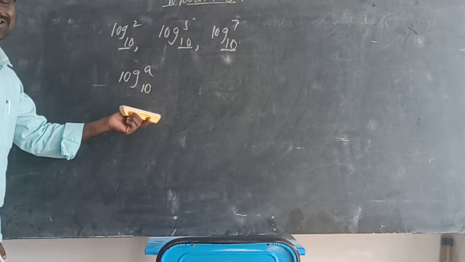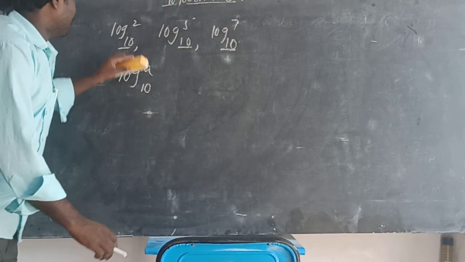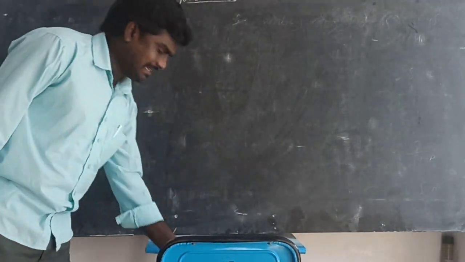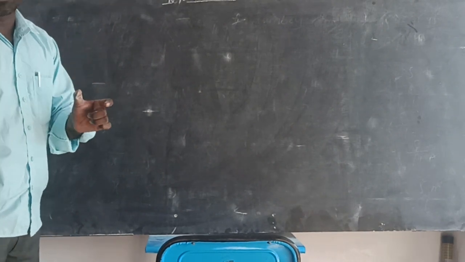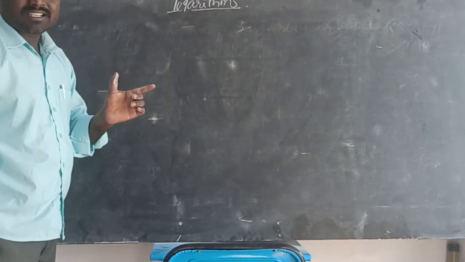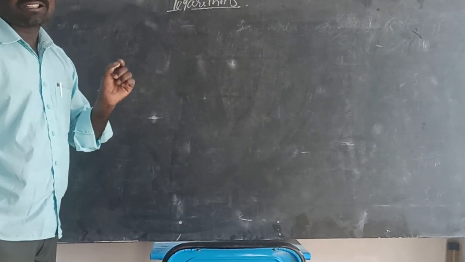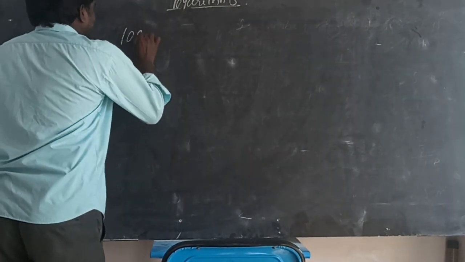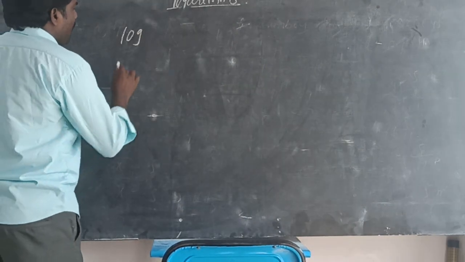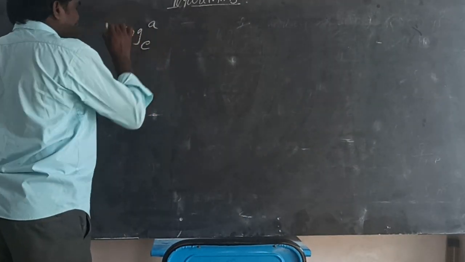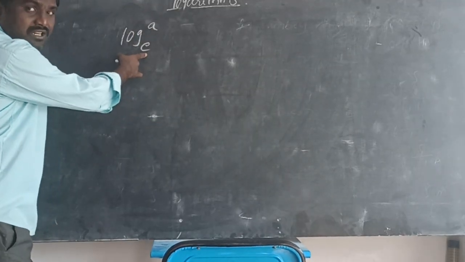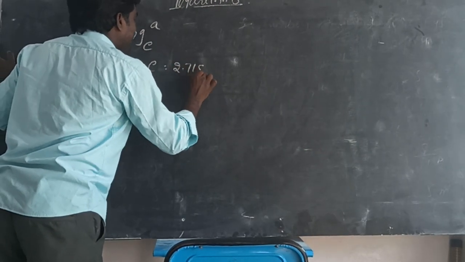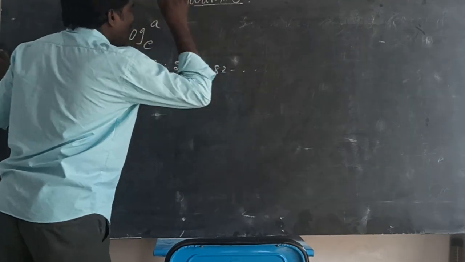Next, another type, natural logarithm. The logarithm whose base is e, the exponential constant. E is called the exponential constant. So the natural logarithms are in the form of log a base e. The value of e is 2.718282 and so on.